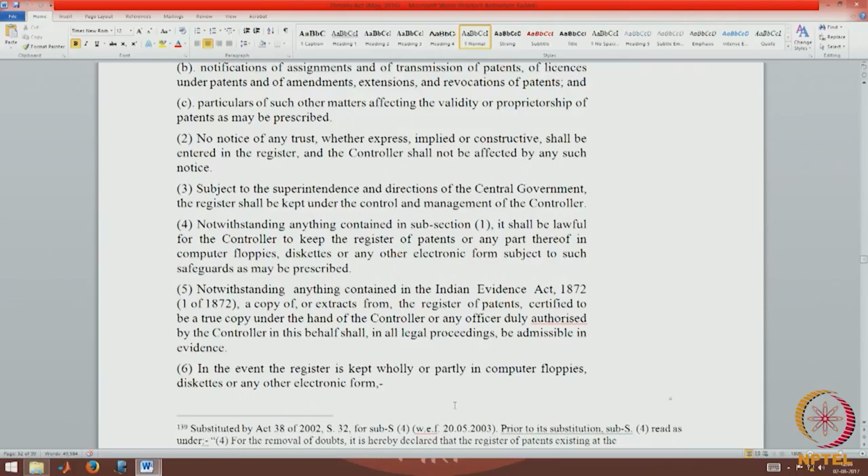Rather than just taking a photocopy of the register, you would insist on a certified copy that is certified by the controller to be a true copy, and that can be admitted as evidence, in the sense that that will be taken as a true state of affairs by the court in any legal proceeding.